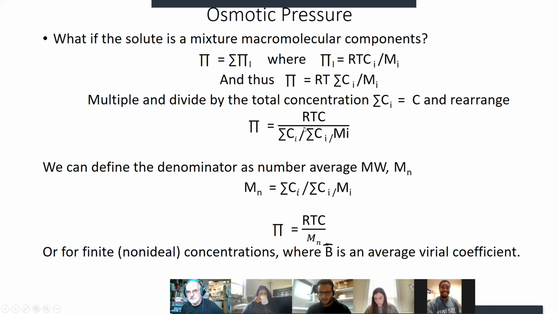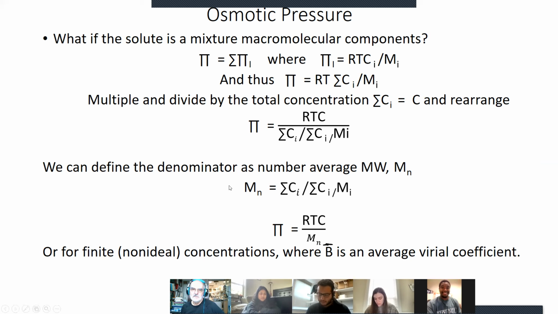So when you multiply this out, it would come back out on top. But then they multiply and divide by total concentration. In the numerator, it's expressed as C. In the denominator, it's expressed as sum over C sub i. So you get this term here, sum over C sub i divided by sum over C sub i over M sub i. All right.